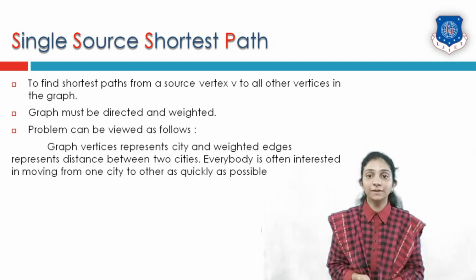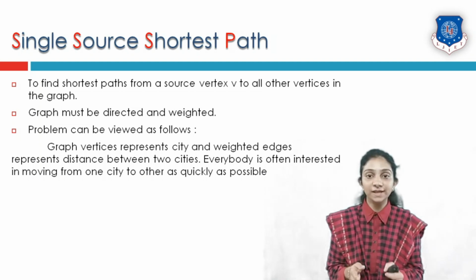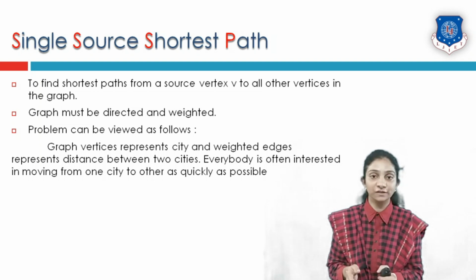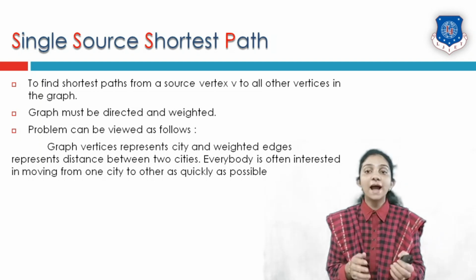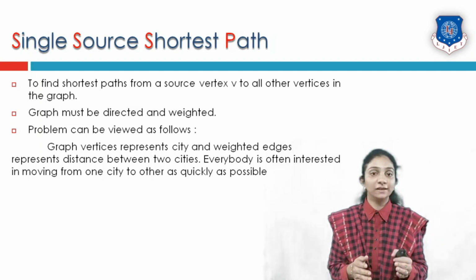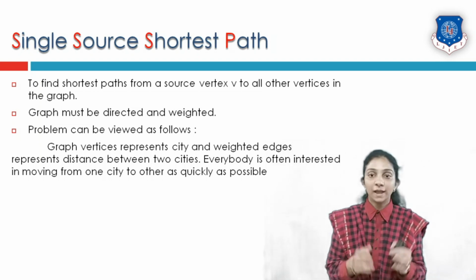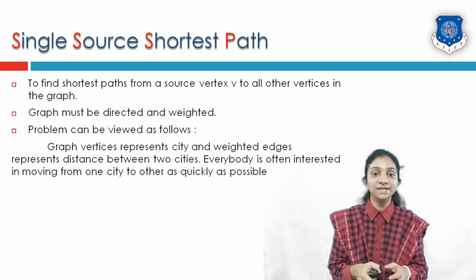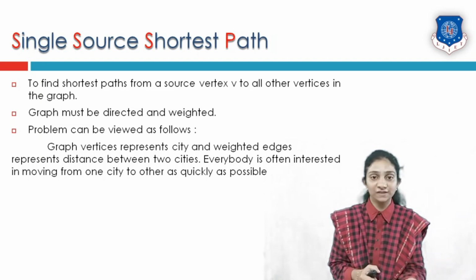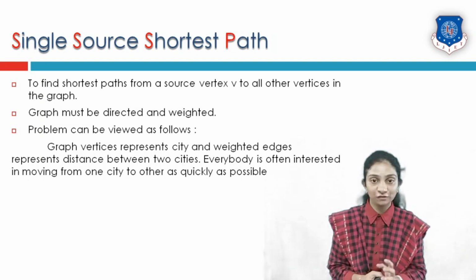Here the problem is given as a graph representing vertices and edges, where vertices are equivalent to cities and the weight of an edge represents the distance between two cities. Everyone is interested in moving from one city to another as quickly as possible.